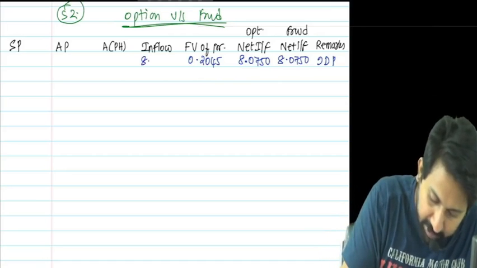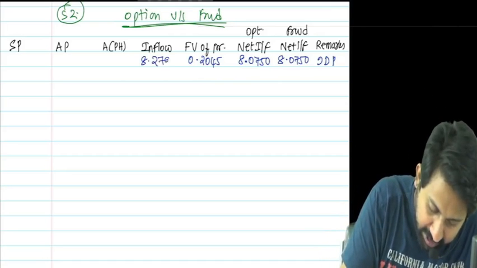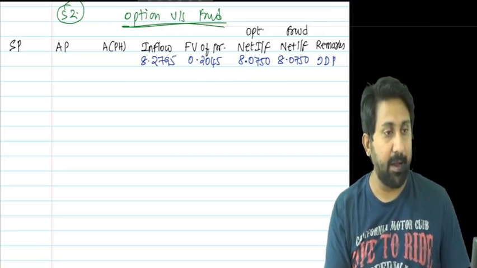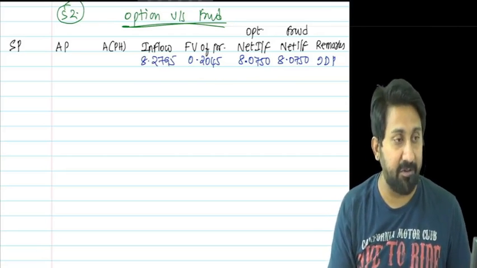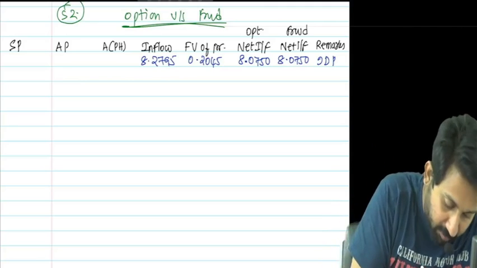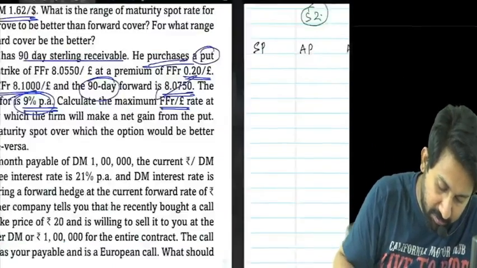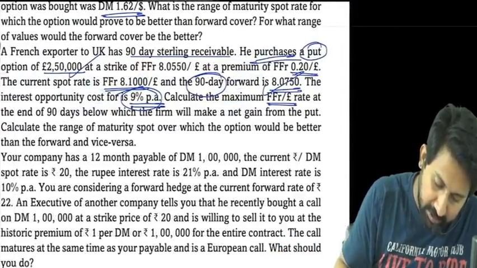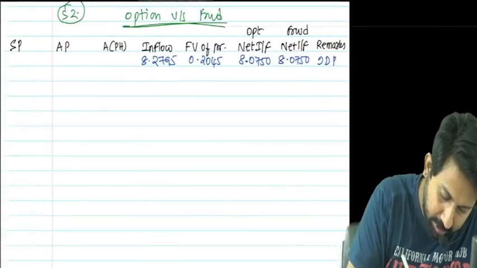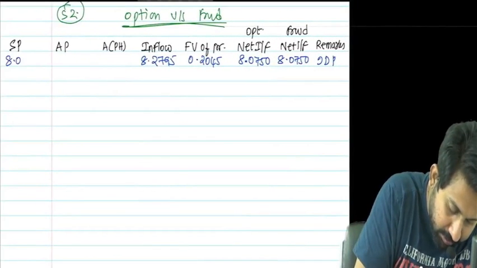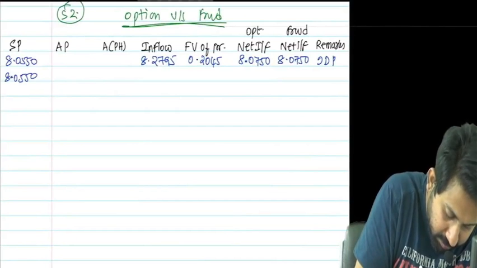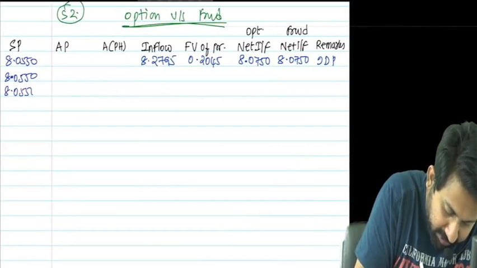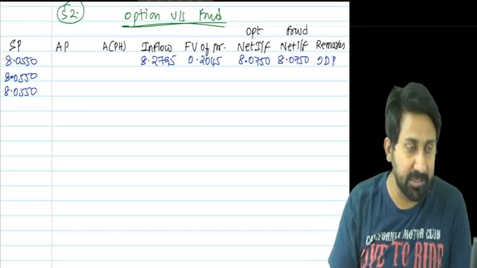If the inflow is 8.2795 and you deduct the premium, the net inflow is 8.075. What is the strike price? Already we know, 8.0550. So these are the three rates.